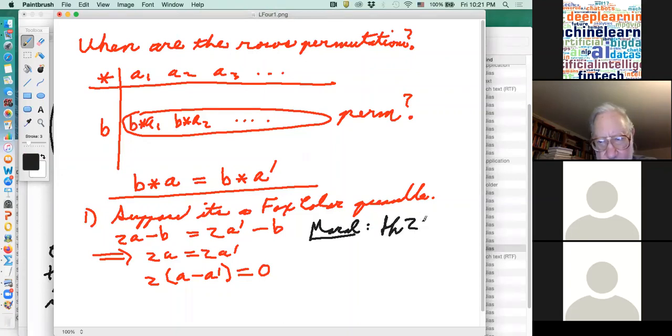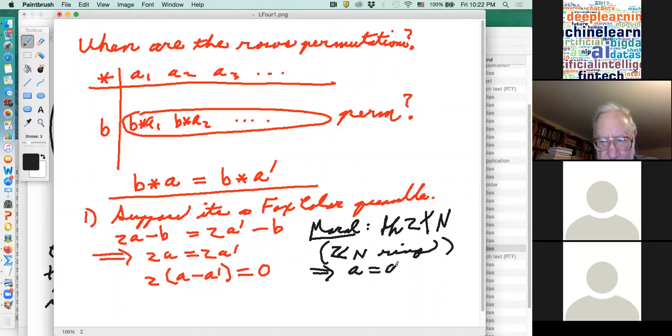If 2 does not divide n, we're using Z_n for the ring, then A equals A prime when B times A equals B times A prime.